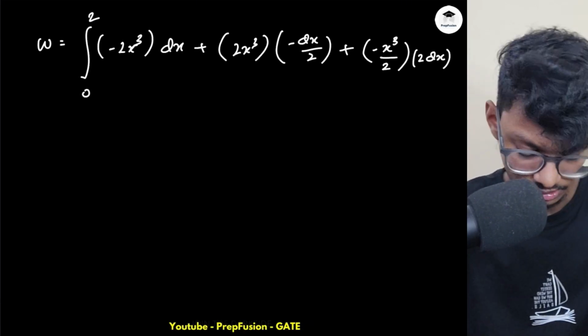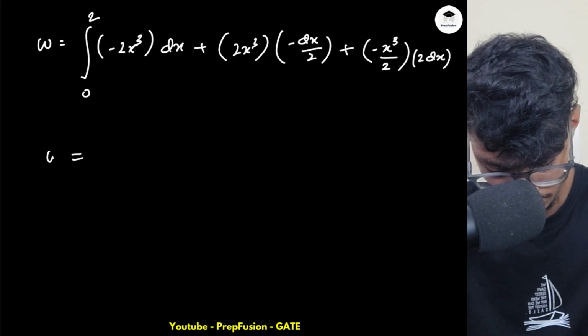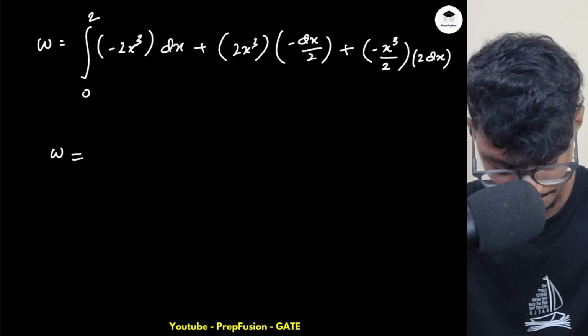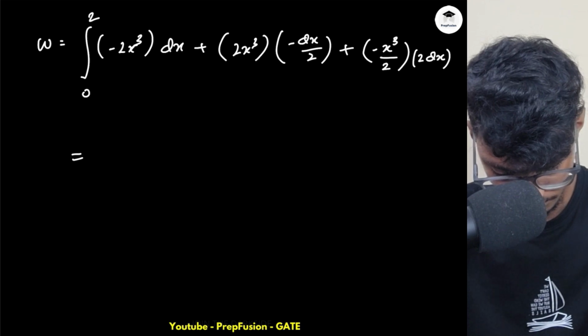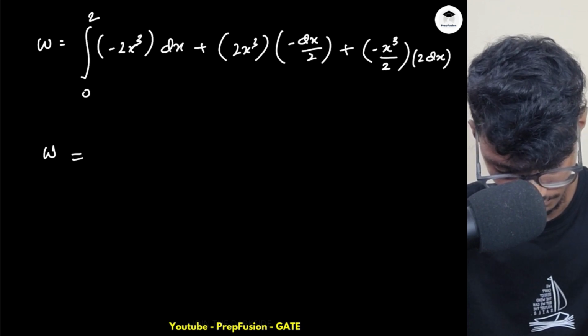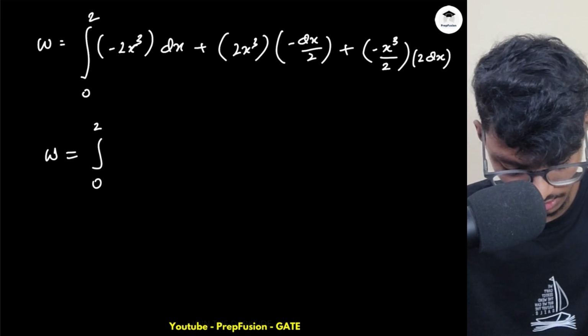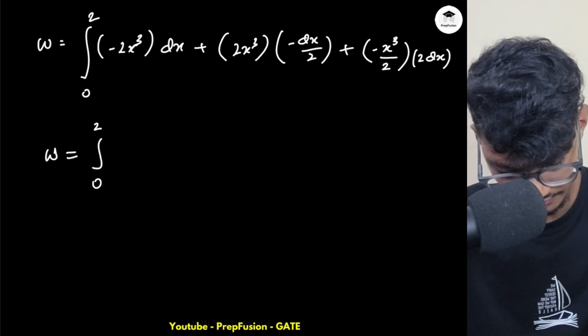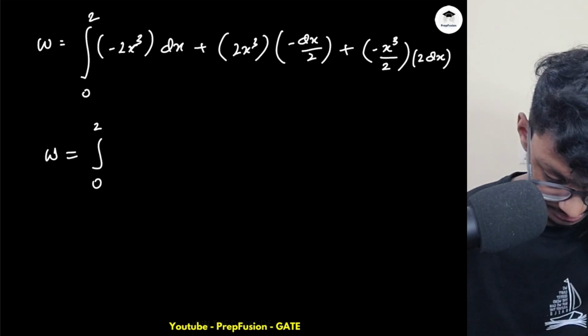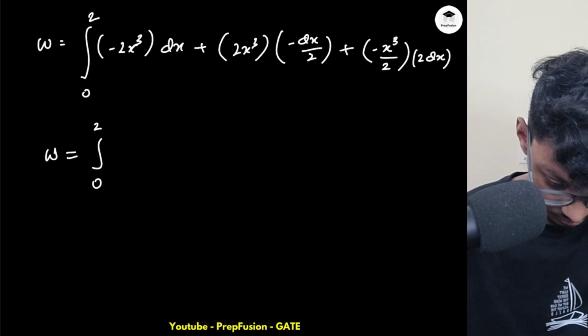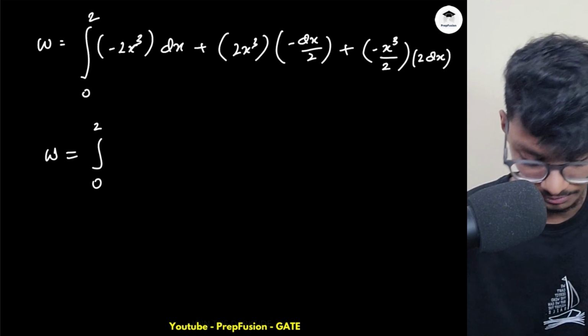So if I add all of these up, this is minus x cube, minus 3x cube, and this also becomes minus, so all of it becomes minus.